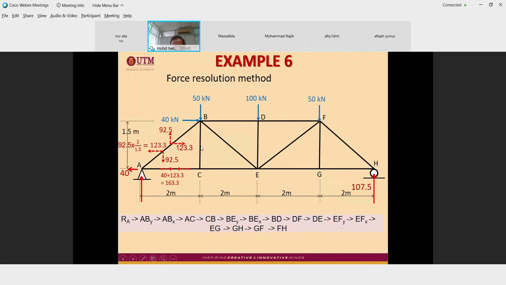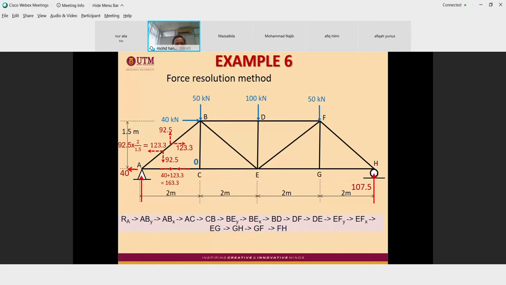CB is a zero force member, because C is a three-member joint where two of the members are collinear and there is no external force. Therefore, CB is equal to 0. When they are collinear and this is 0, therefore CE is also equal to 163.